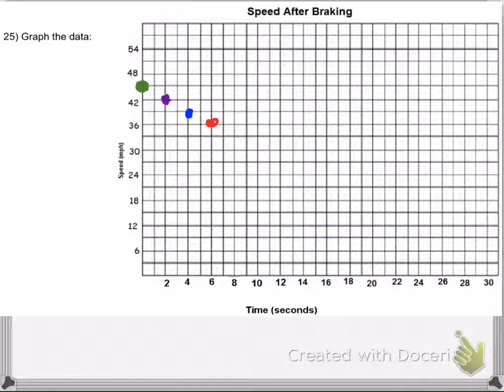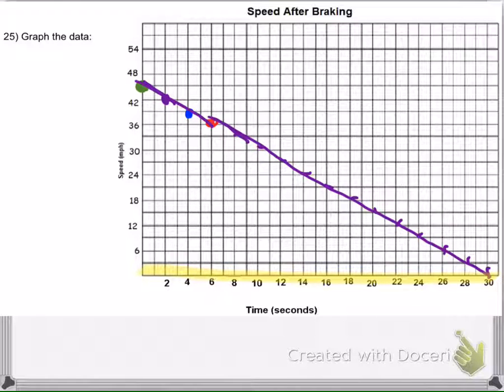Okay, so since we know the car is going to continuously come to a stop, or we're going to assume it's braking because it's going to come to a stop, we know that we're going to connect them, but we're not just going to stop there because brake means come to a stop. So I'm going to go ahead and connect the line all the way to the horizontal axis here, the x-axis, or in this case, the time.